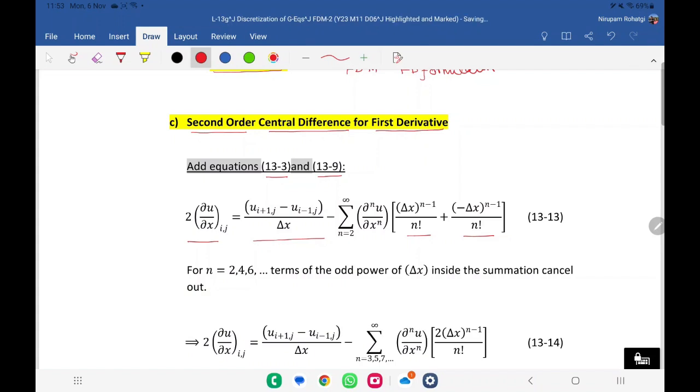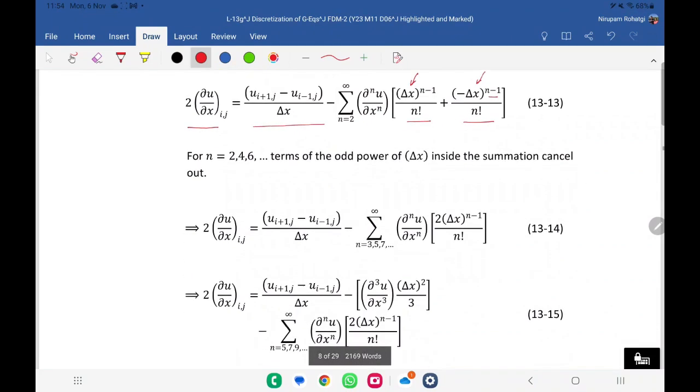So what is happening here is that one set of terms will be with delta x, the other set of terms will be with minus delta x. So half of the terms will cancel, the other half will add up, depending upon the power.